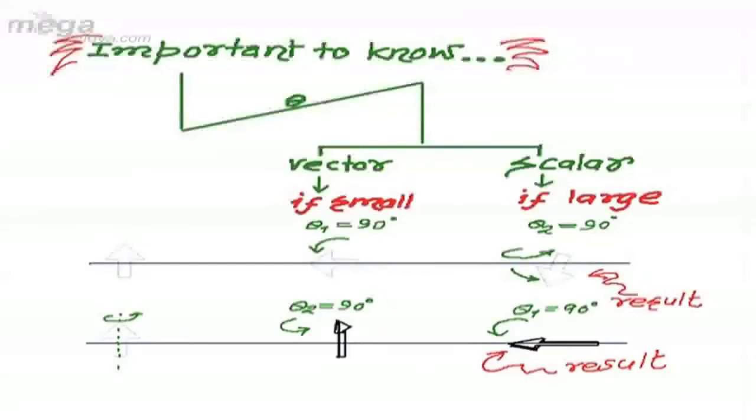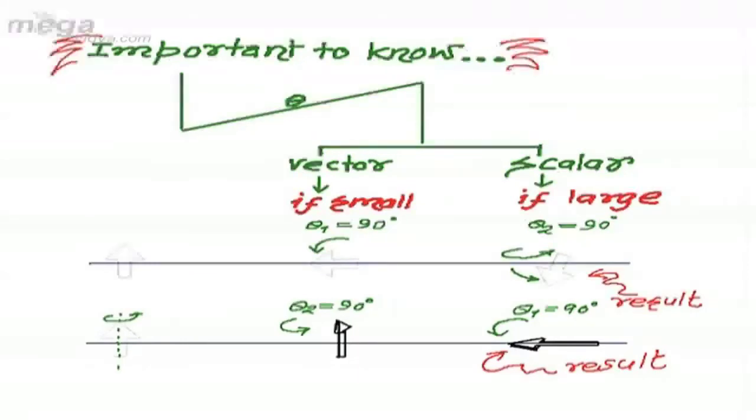So you can see, if angular displacement is of the order of 90 degrees or 60 degrees or 45 degrees, meaning a large value, then the sum of two angular displacements is not commutative. Here theta 1 plus theta 2, coming from this, and theta 2 plus theta 1, coming from this, are not equal.